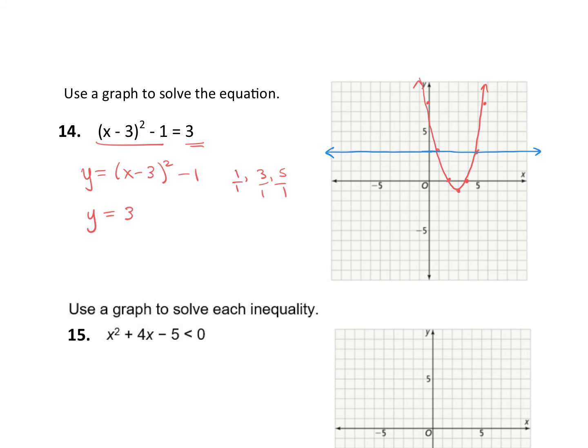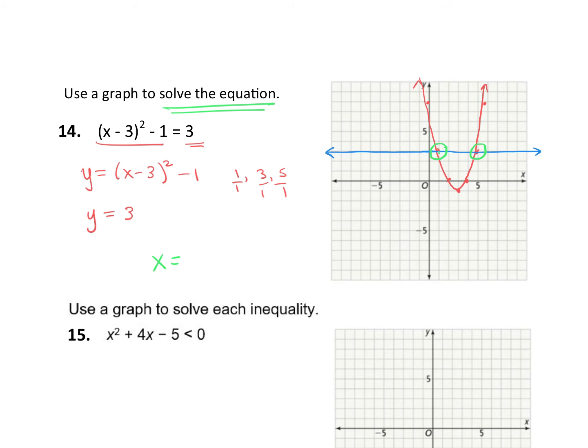And then I'm looking for any intersection points. So what's kind of nice here is we have two intersection points, and they intersected at an exact point. I plotted those points while doing the 1, 3, 5 pattern, so I know those are exact values. Now, when we solve the equation, all we care about are the x values of those 2 points.